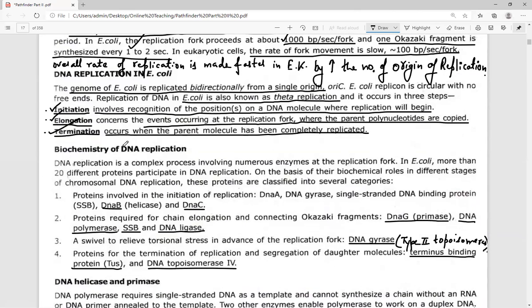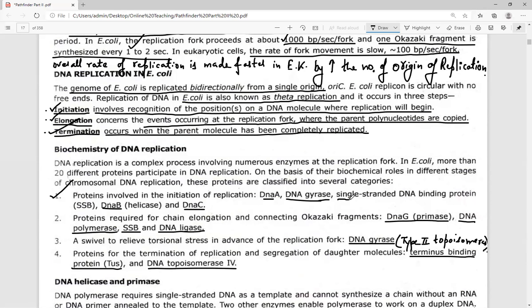Now, in the case of biochemistry of DNA replication, we must understand the different enzymes which are involved. Firstly, we have classified the enzymes on the basis of the phases. Enzymes or proteins involved in initiation: DnaA, DNA gyrase, helicase, topoisomerase II, which helps in removing the supercoiling.